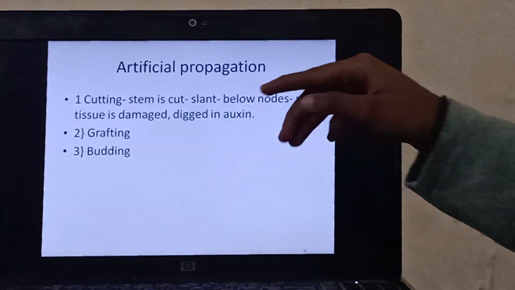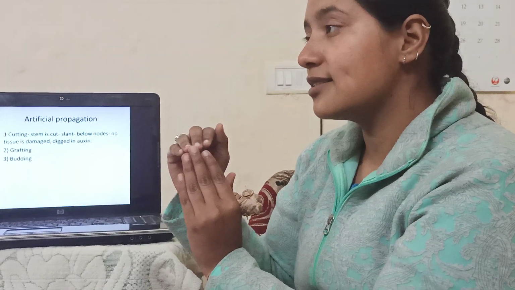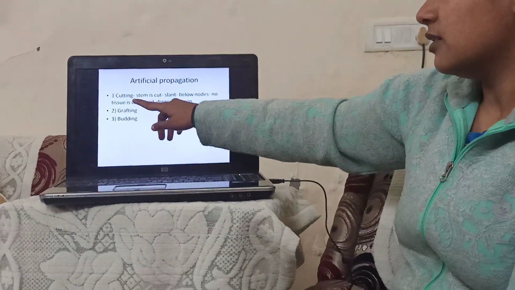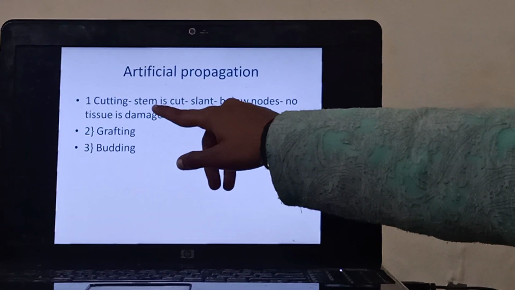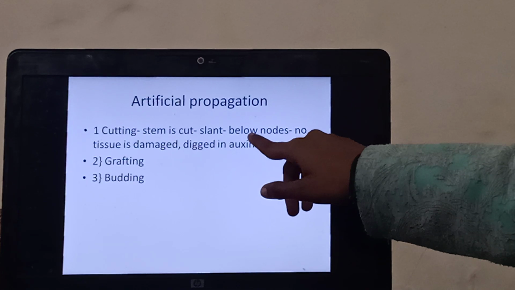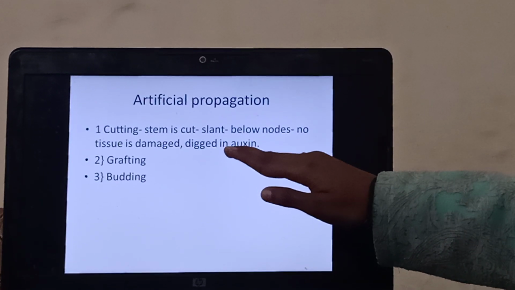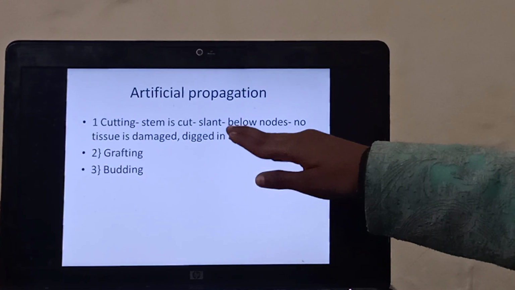In grafting, we take two portions, means we take two stems which we cut in a slant way, in which the characteristics of both plants come. Cutting. In this, the stem is cut in a slant way, below the nodes, so that the tissue is not damaged and it gets oxygen.